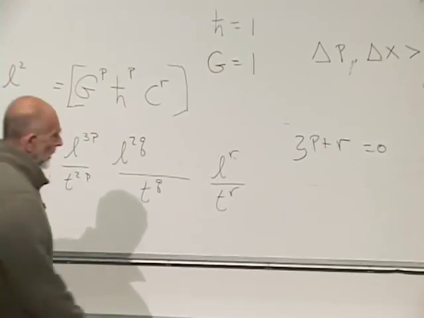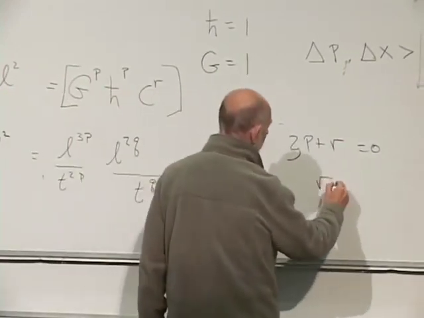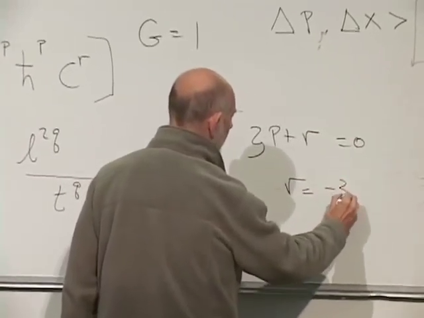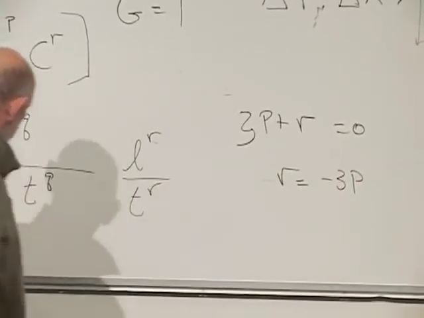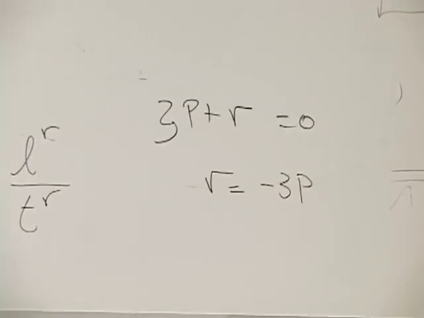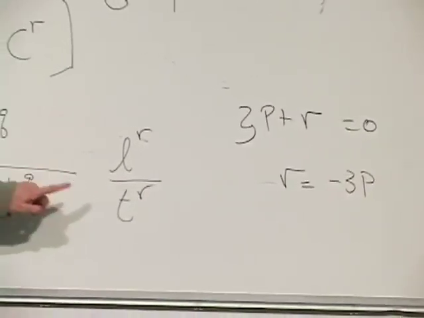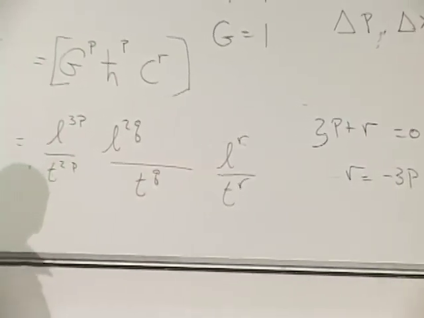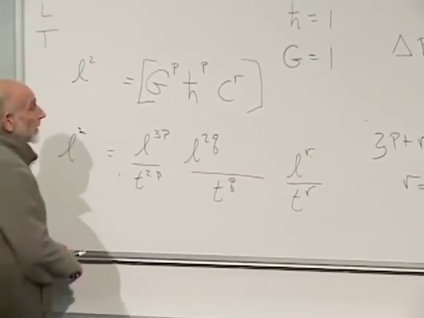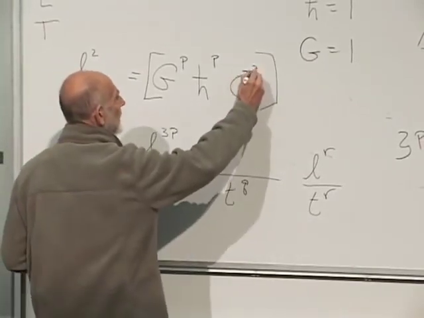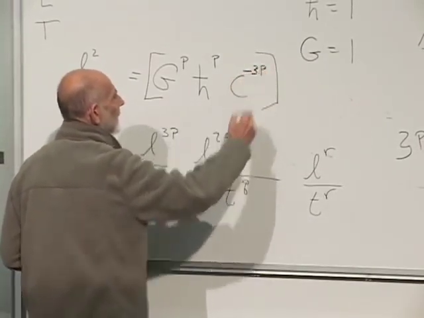So that tells us that r is equal to minus 3p. Did I do that right? Let's just check. 3p plus r equals 0, r equals minus 3p. Okay, I hope I'm doing this right.